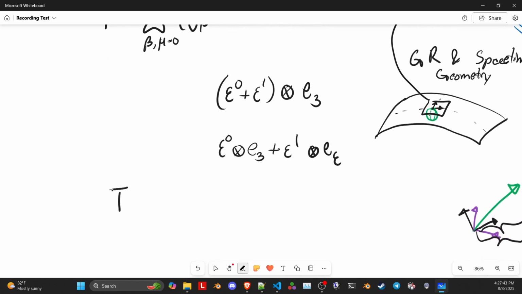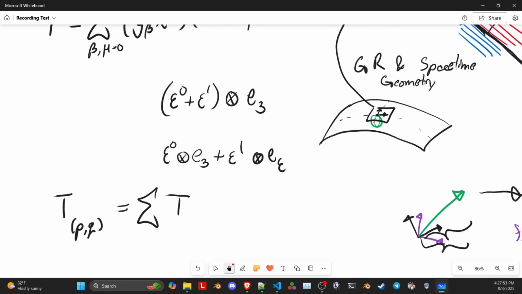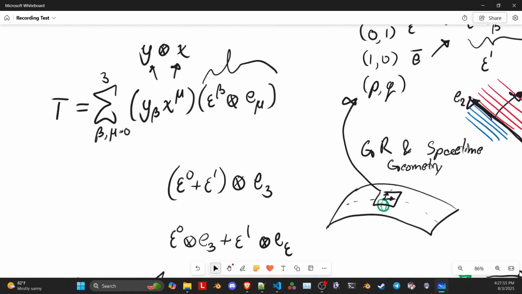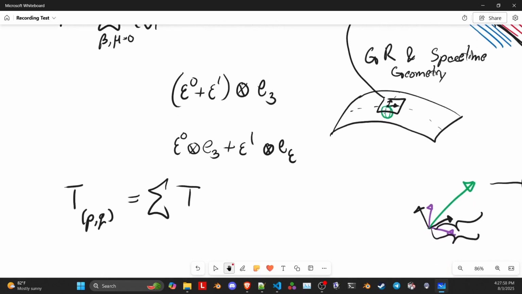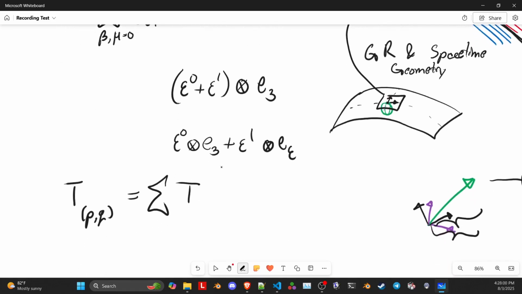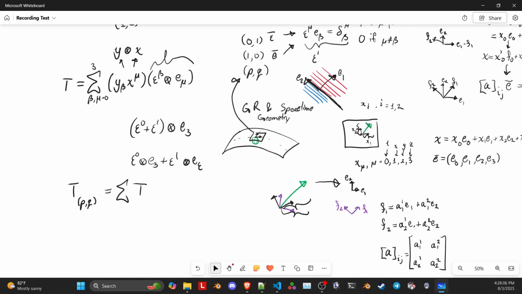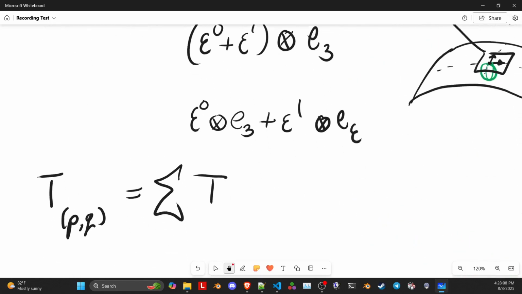So all it really means to have a tensor of type PQ is that it has components, and we picked the convention that the first index in P was a vector part. So that would be, and we'll try to be as consistent as we can, we picked mu for vector components.